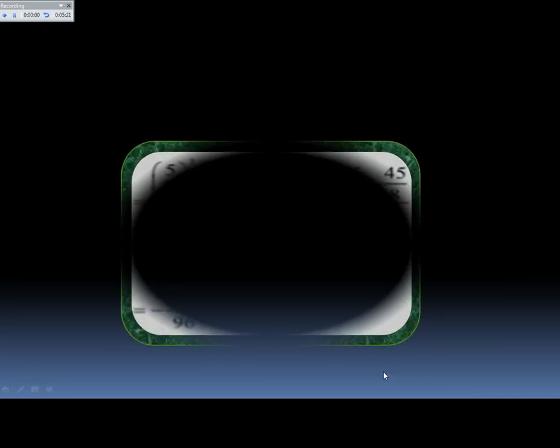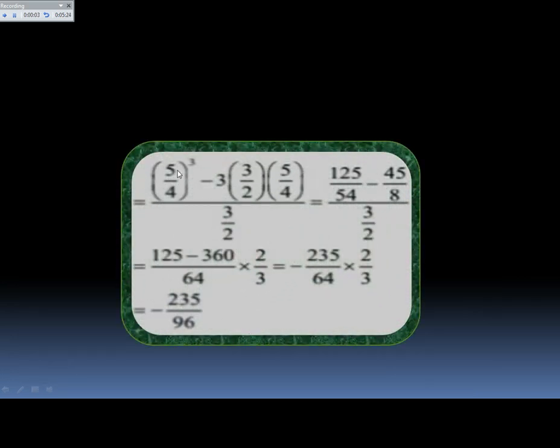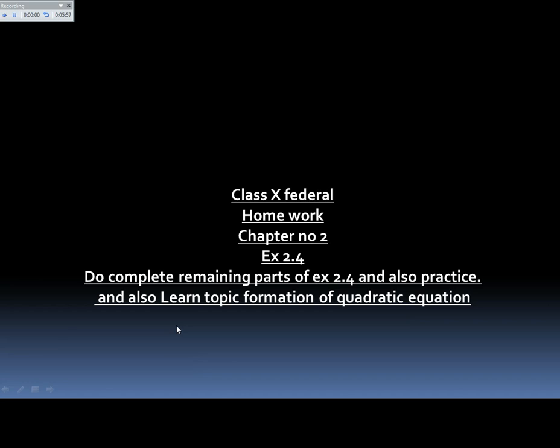Putting the values: alpha plus beta is 5 by 4 and alpha beta is 3 by 2. 5 cube is 125, 4 cube is 64. Simplifying, we get the value 235 by minus 96 after simplification.